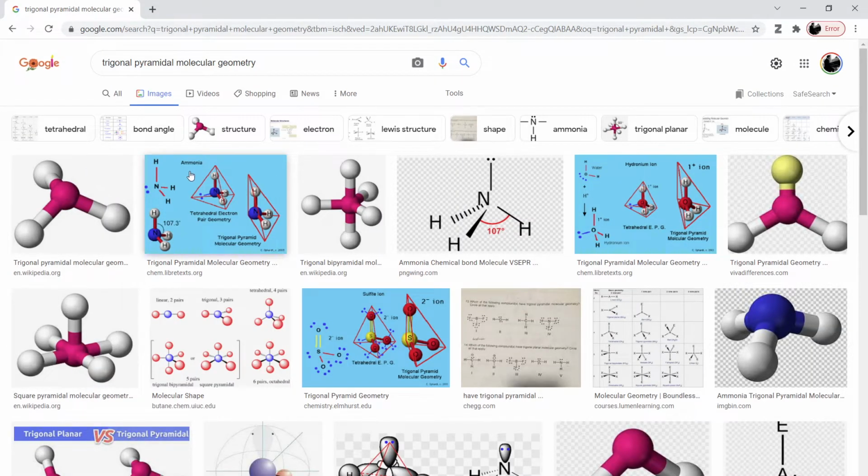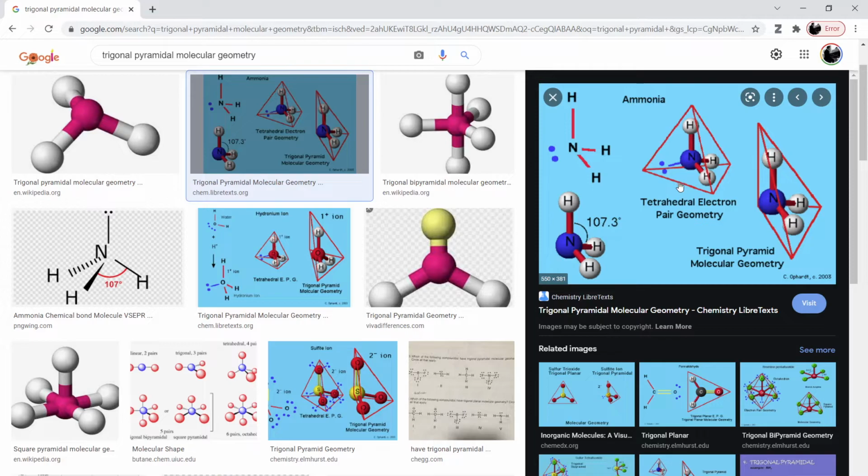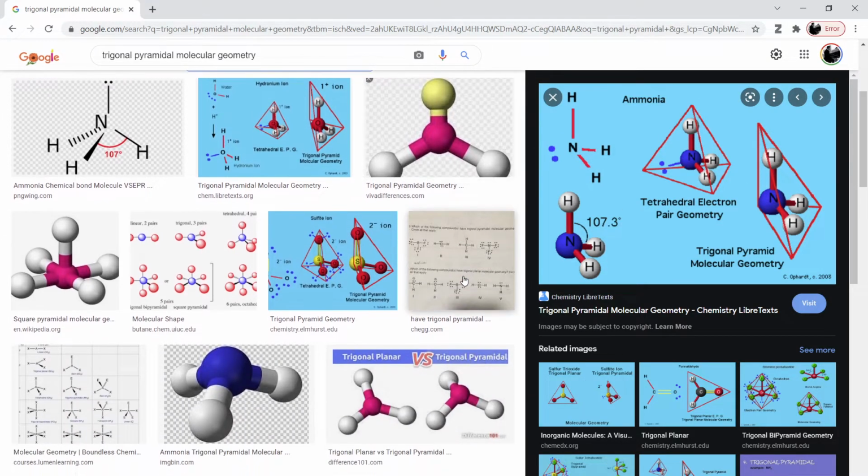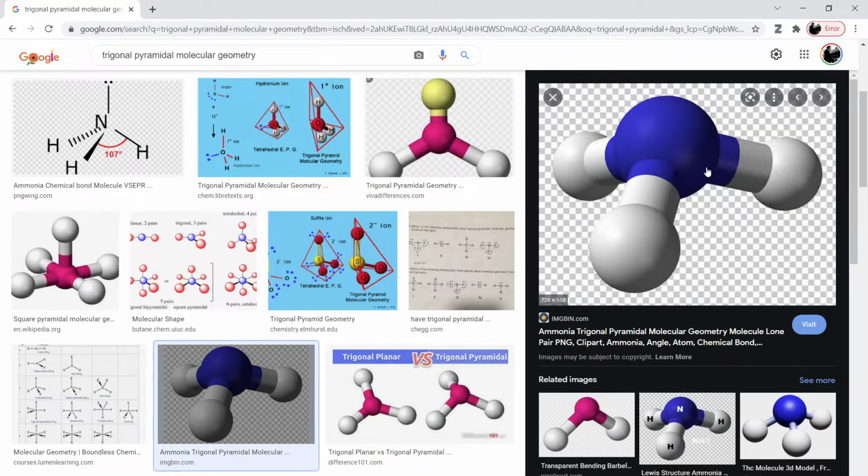Trigonal pyramidal. Let's look at ammonia. Same thing here. So we have our tetrahedral electron geometry. We now pretend the lone pair isn't here, and we're left with a pyramid. And so we see that bond angle of about 107. So this is what it looks like. They're all pointing down a little bit.